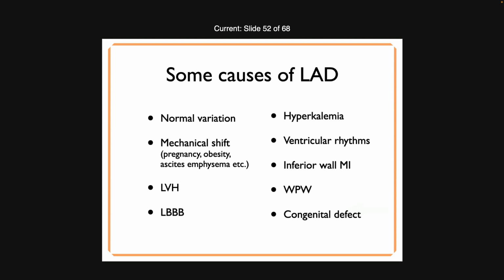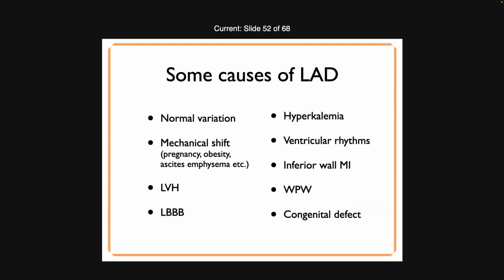What happens, if you think about it, if a person becomes pregnant, the heart actually starts shifting up and to the left, and the way that shows on the 12 lead is as left axis deviation. So there are some mechanical things that can shift the heart to the left. Left ventricular hypertrophy. What is left ventricular hypertrophy?